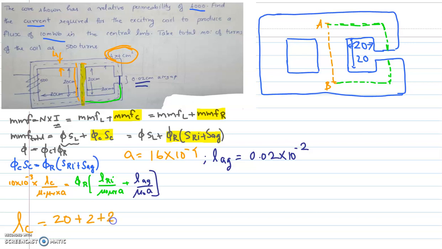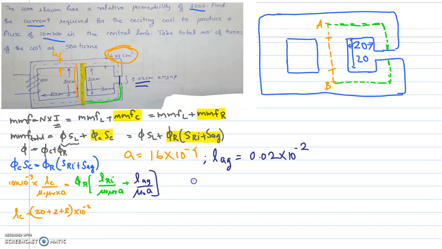So the total length will be 24 into 10 to the power of minus 2. This was actually 20, this is 2, and this is also 2. So effectively it is 24 into 10 to the power of minus 2 meters, which is LC.